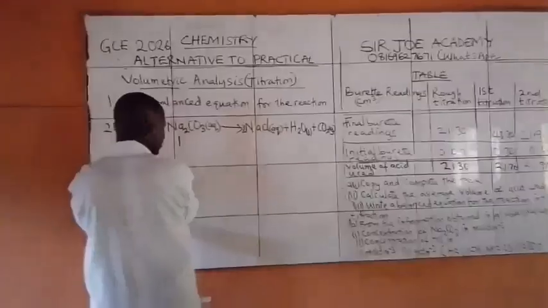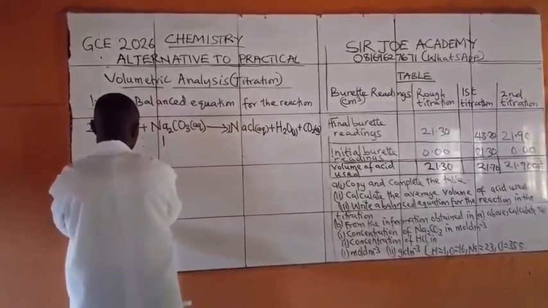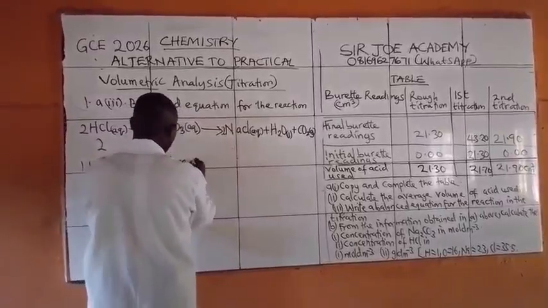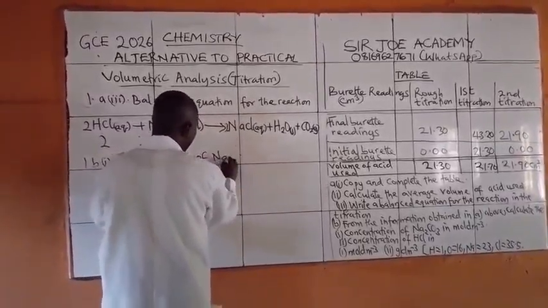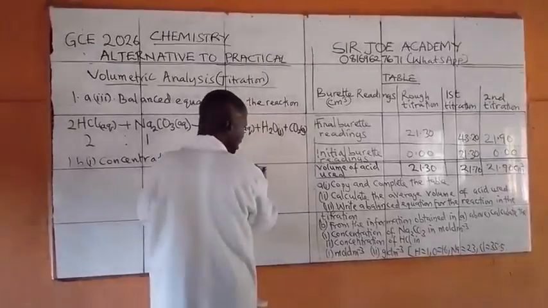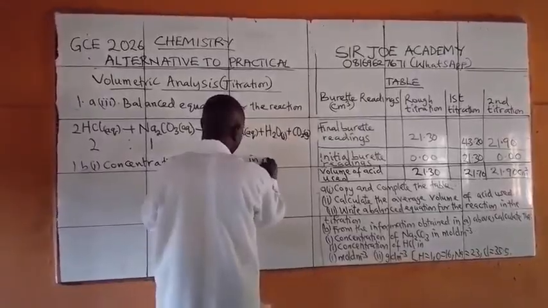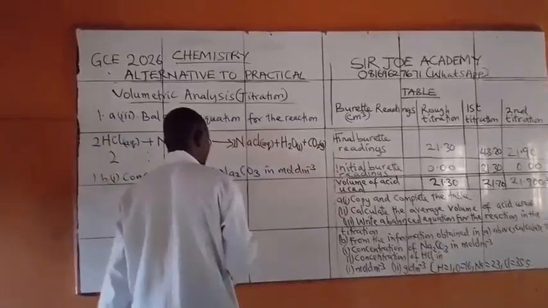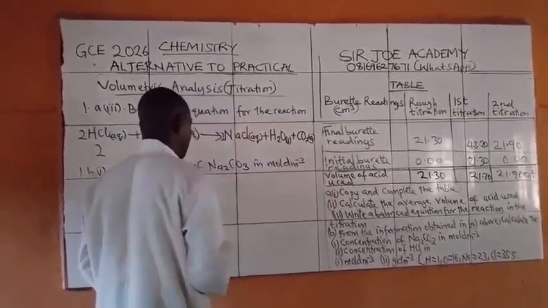That's concentration of Na2CO3 in mole per dm³.